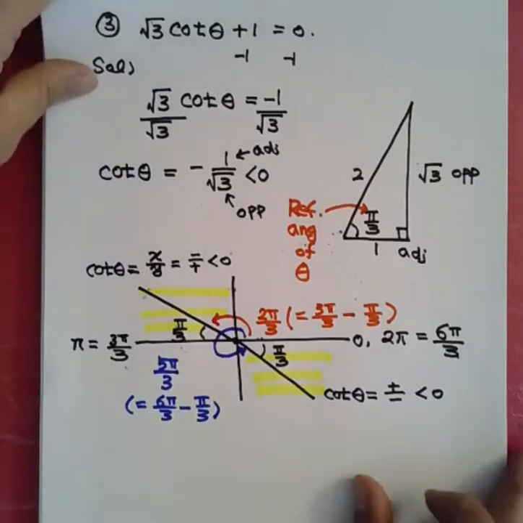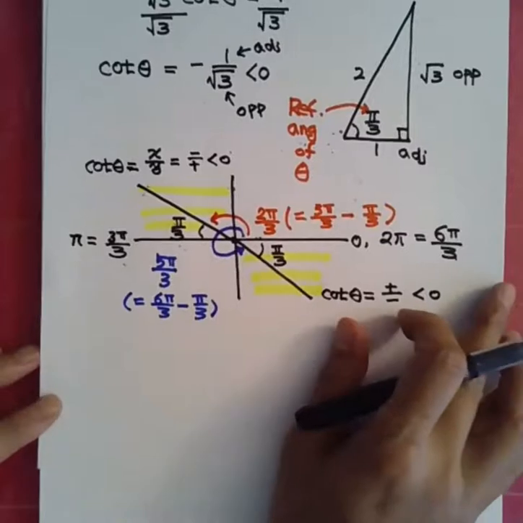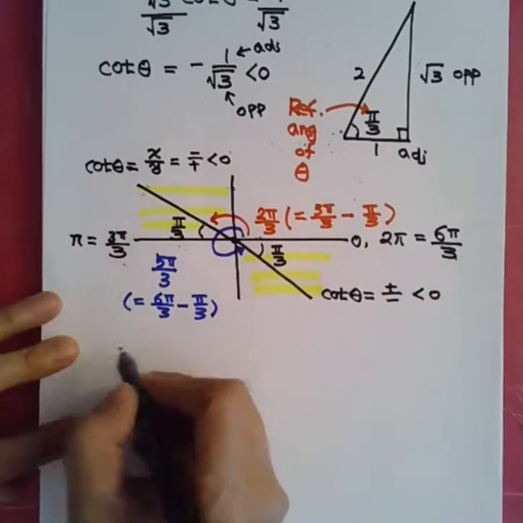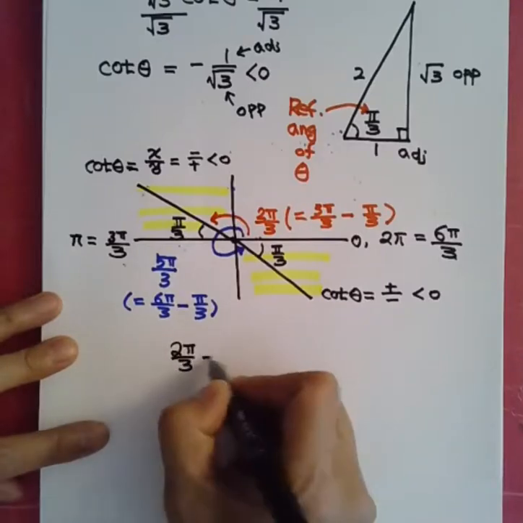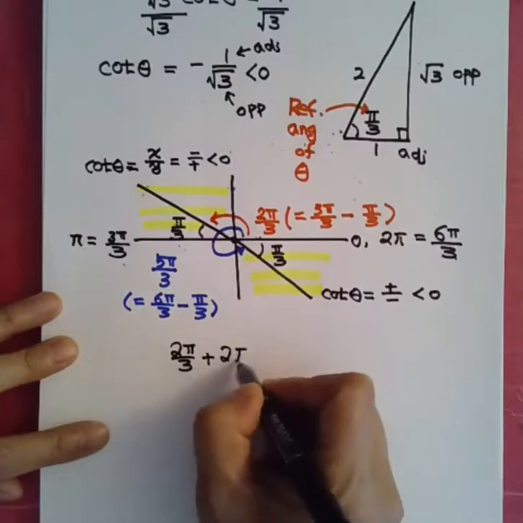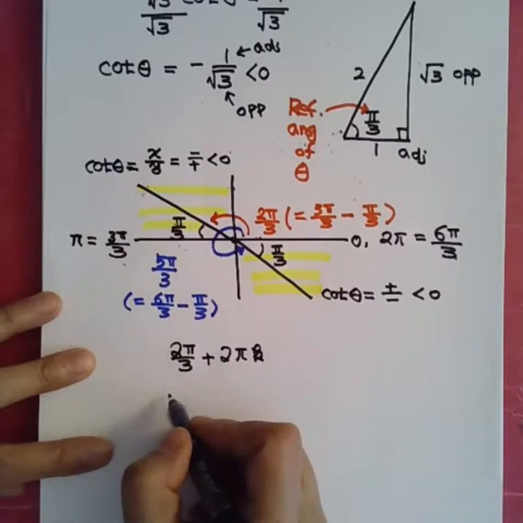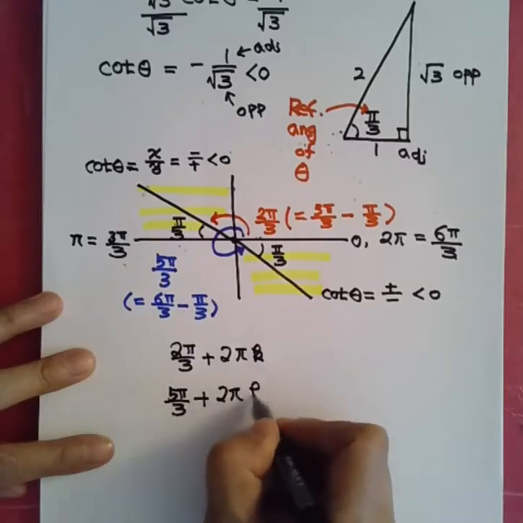So if we write the solution as we have been doing, then we can write 2 pi over 3 plus 2 pi k and 5 pi over 3 plus 2 pi k.